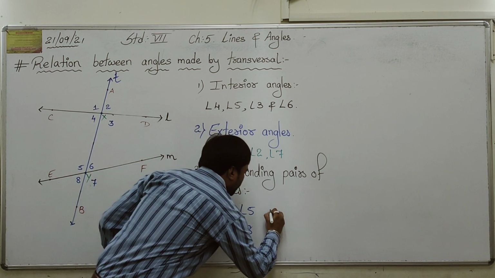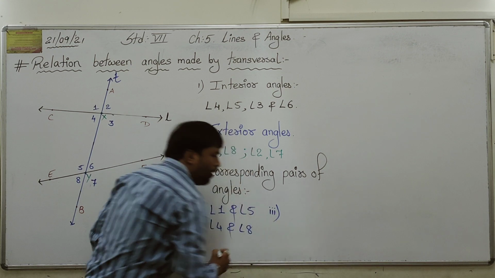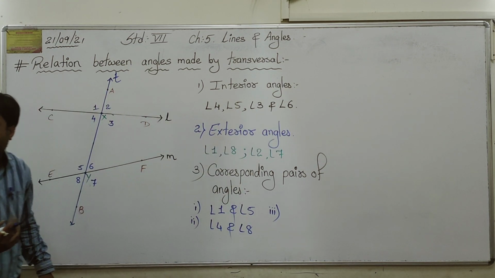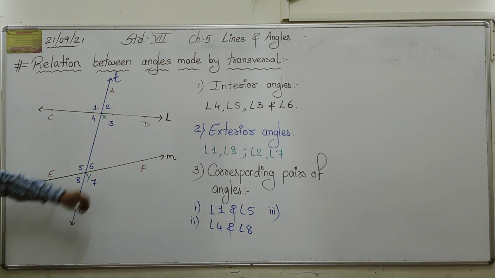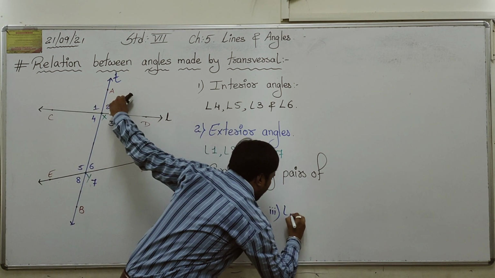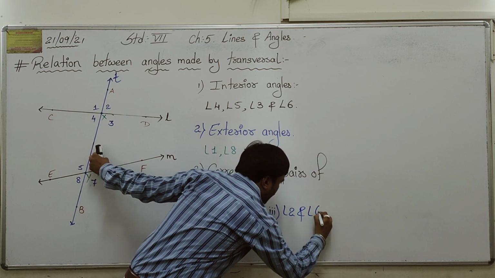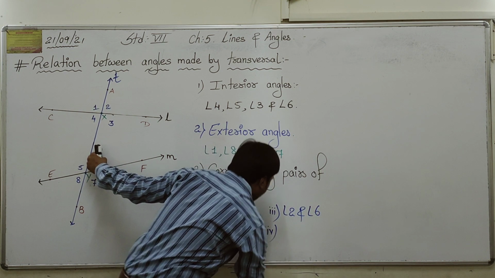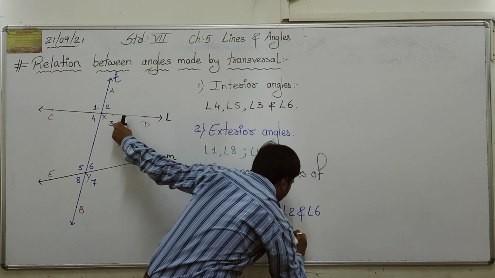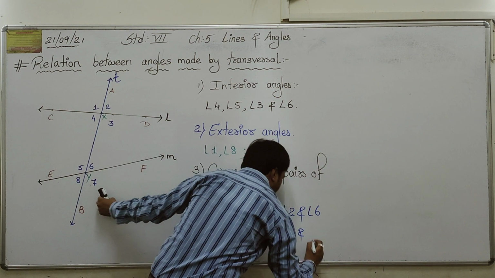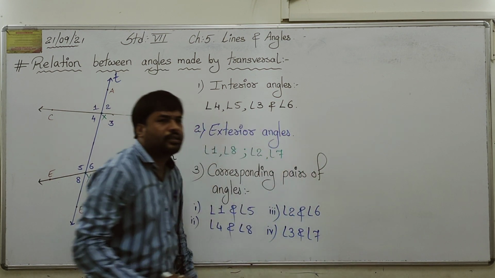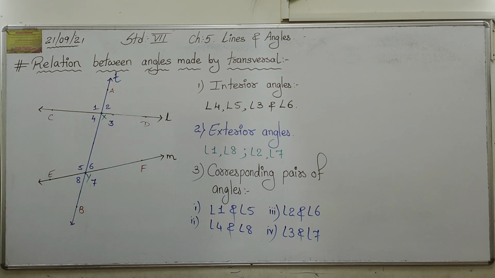Third one, now on the opposite side, that is the right side. Right side first angle, angle 2, and make a jump to angle 6. Similarly the last one, angle 3 and angle 7. They are corresponding pairs of angles.